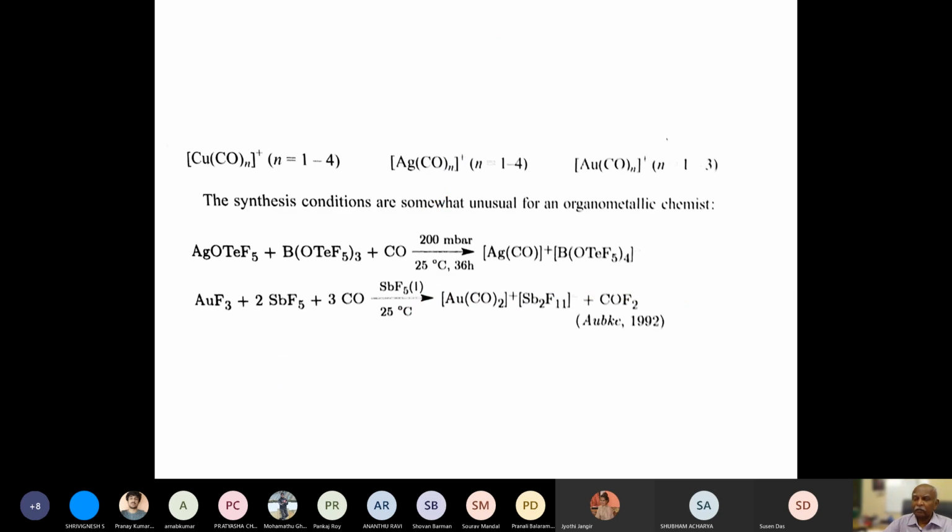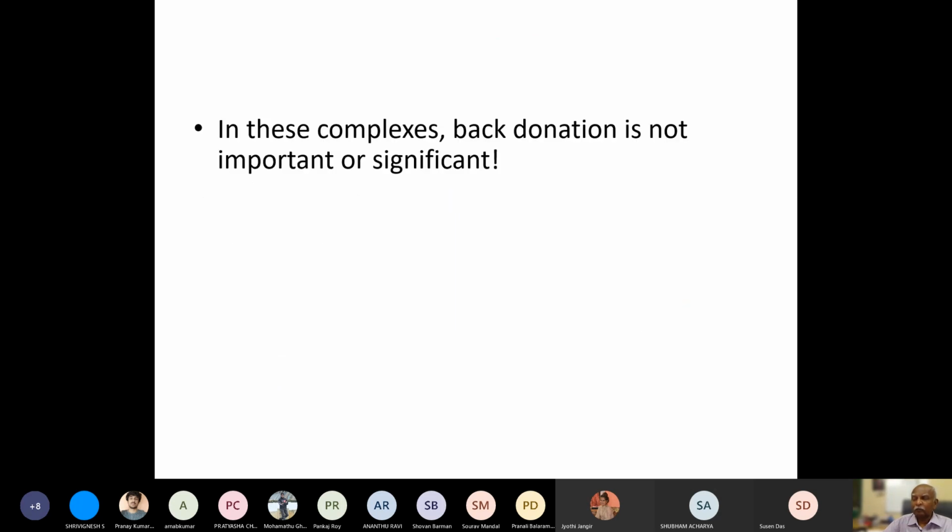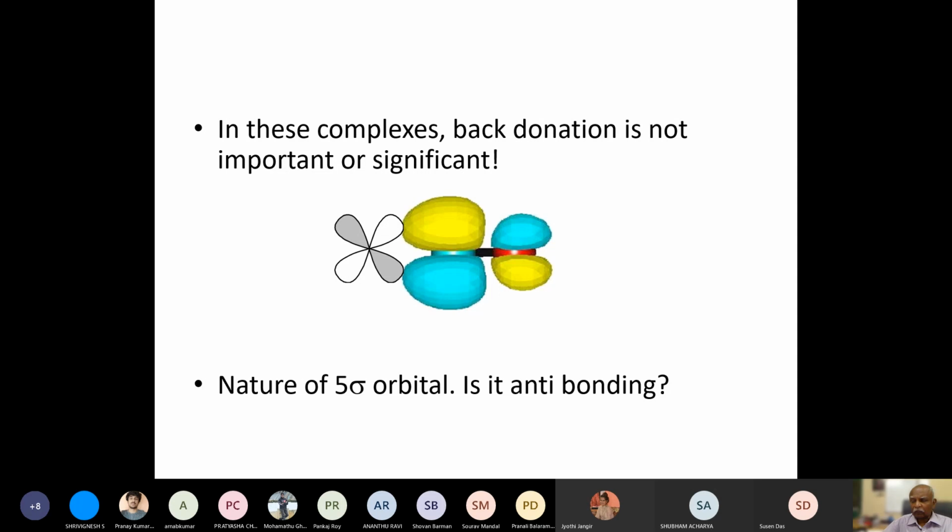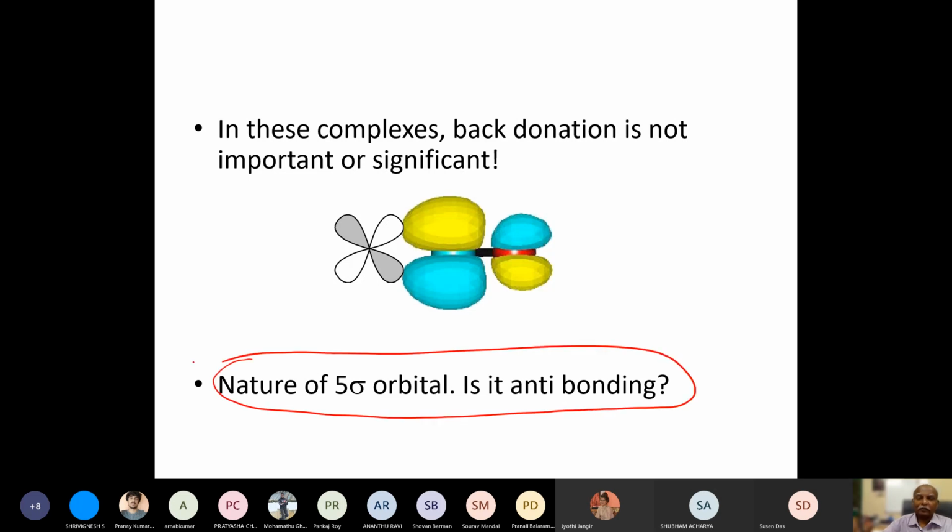He prepared several of them, and all of them had higher stretching frequencies than carbon monoxide. So one reason that was given was that the 5 sigma orbital is in fact anti-bonding.